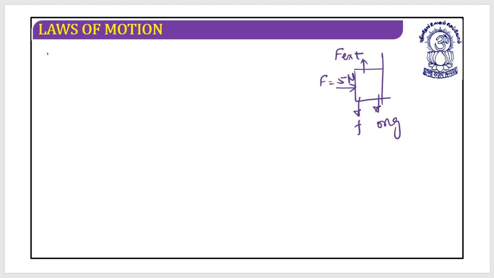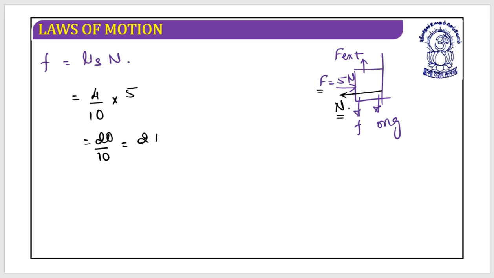So the maximum value of friction would be equal to mu s into N, and this would be the normal. This normal and this force would be equal. Mu is 0.4, which is 4 by 10, multiplied by the normal force, and that normal force would be 5. 4 5s are 20, 20 by 10, that would be equal to 2 Newton. So the friction force is 2 Newton.